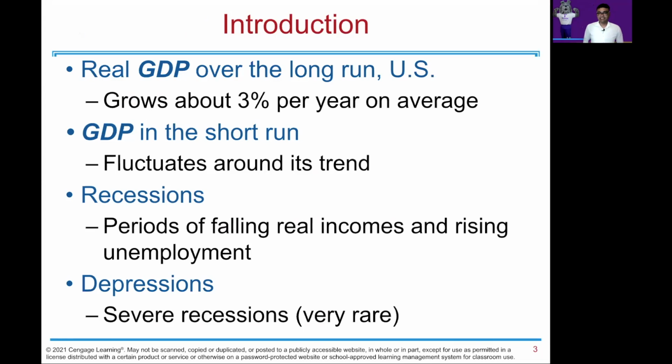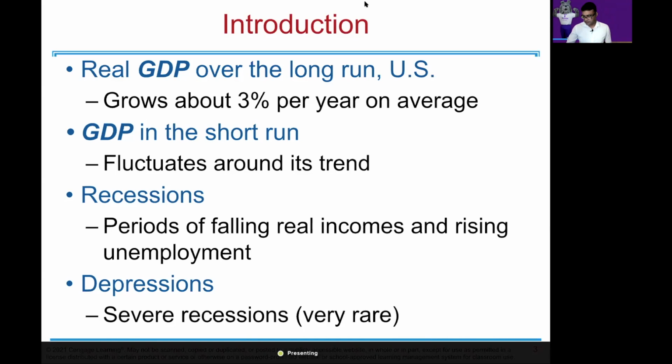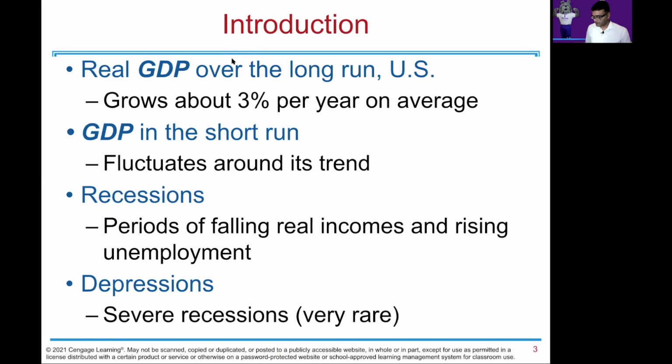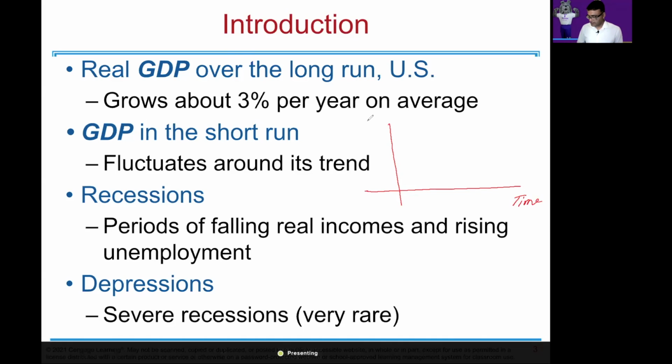So, real GDP over the long run in the United States grows about 3% per year on average. And GDP in the short run fluctuates around its trend. So if I want to show that, suppose here you have time and here you have your real GDP.